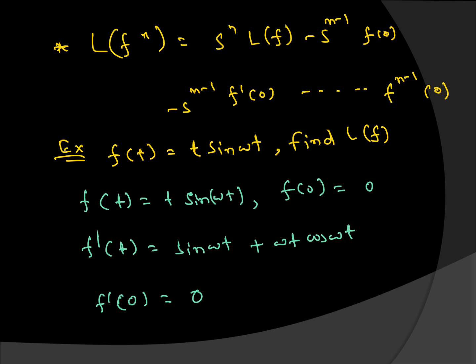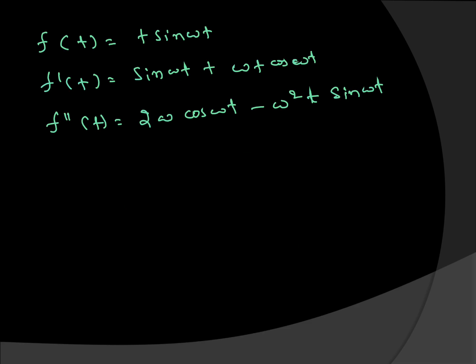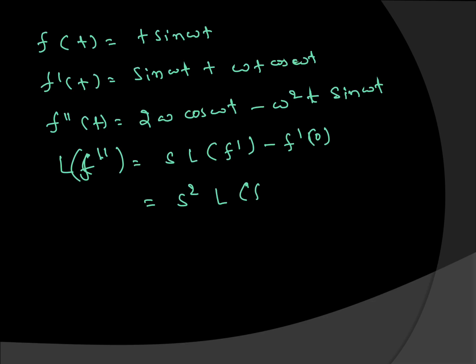Then again do the derivative: f double dash t equals 2 omega cos omega t minus omega square t into sin omega t. So from our formula, L of f double dash is s square L of f minus s into f of 0 minus f dash 0.